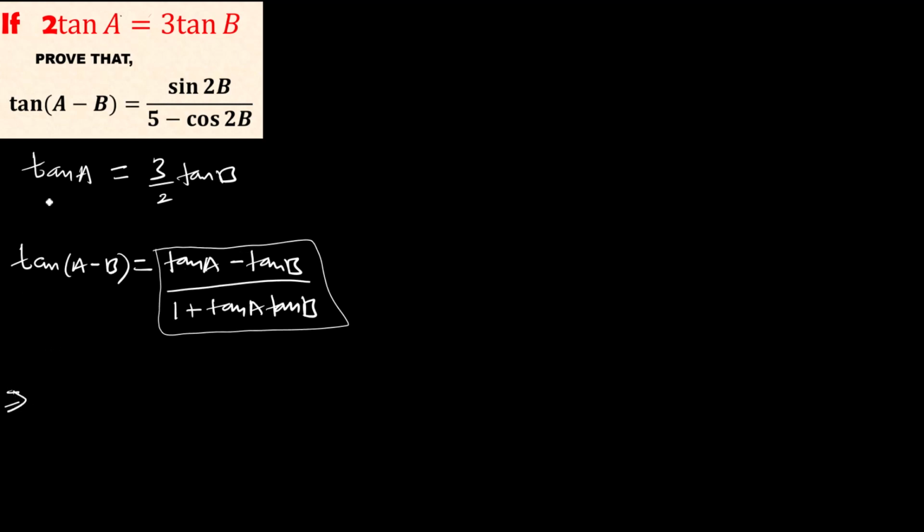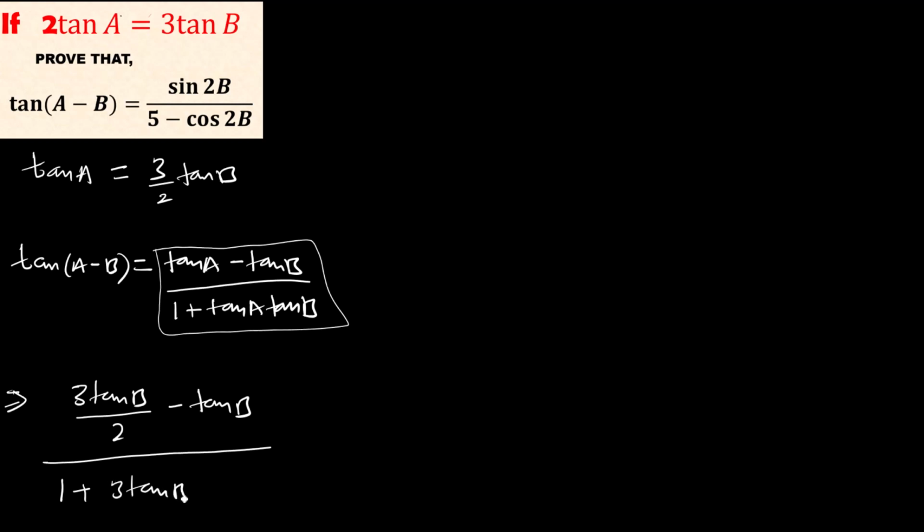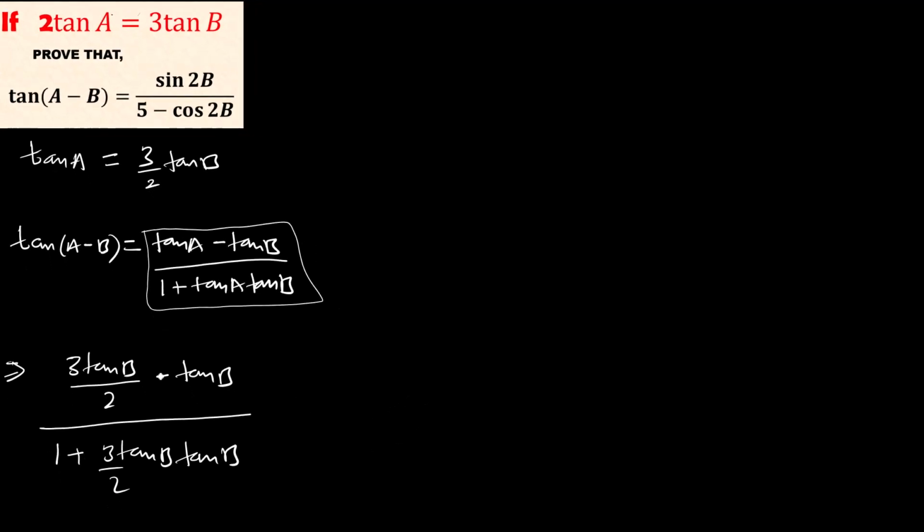So this is tan A. We can put 3/2 tan B, or the same as 3 tan B on 2, minus tan B, on 1 plus 3 tan B. We have another tan B here, so we can still substitute, tan B on 2.